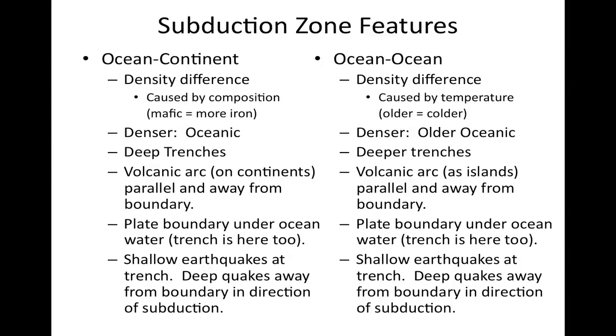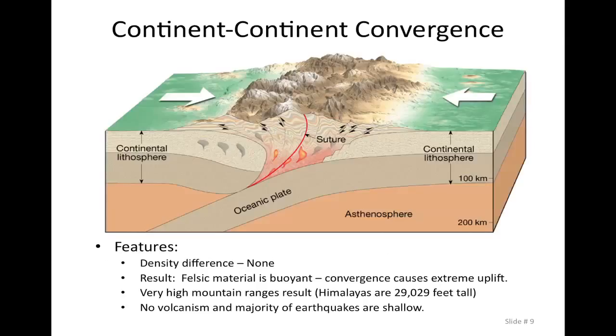All right, let's go ahead and go to the next slide and go through the last convergent type of boundary, continent-continent convergence. Now, as I said, you see an oceanic plate subducting here, but what's happened is this has collided. These two continental lithospheres have collided because of subduction.